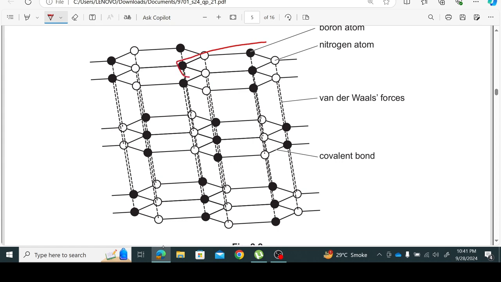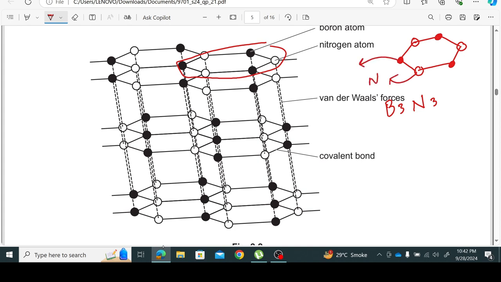It is one sheet, one layer, and you can see it is hexagonal like this, with some positions filled. In this layer you have three nitrogens and three borons, so each layer has three borons and three nitrogens, one symbol representing nitrogen and the other representing boron.